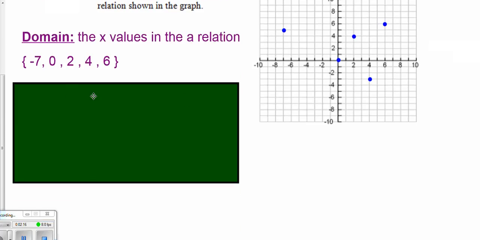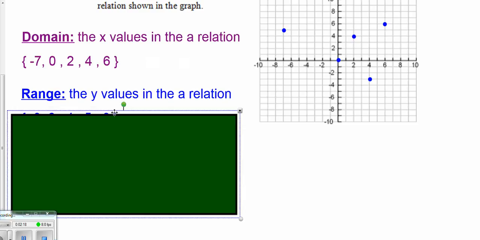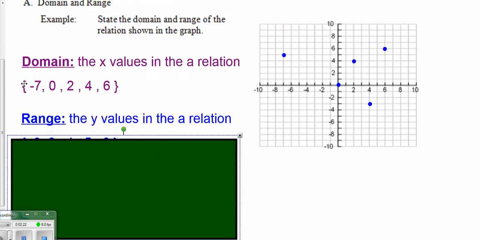Range is going to be very similar. It's just all the possible y values, or all the y values that there are. Now notice, in this case, we started with our lowest value and worked up to the highest. Now you might be tempted to think, okay, -7 right here is matched with a 5, so we should start with a 5. That's actually not true.